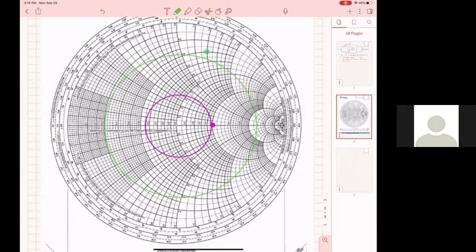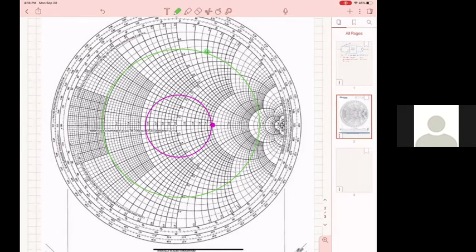Let's assume it's that one, for simplicity. So the 2 VSWR circles are not identical, so I have to do 2 things. If I start from the load, which is the pink dot, with the transmission line, I have to move along the transmission line.